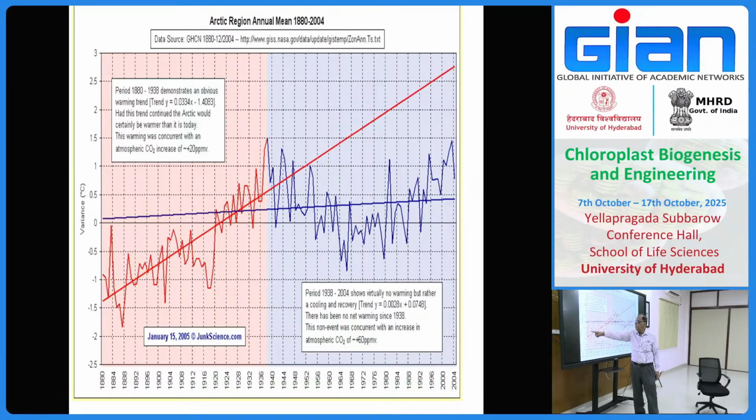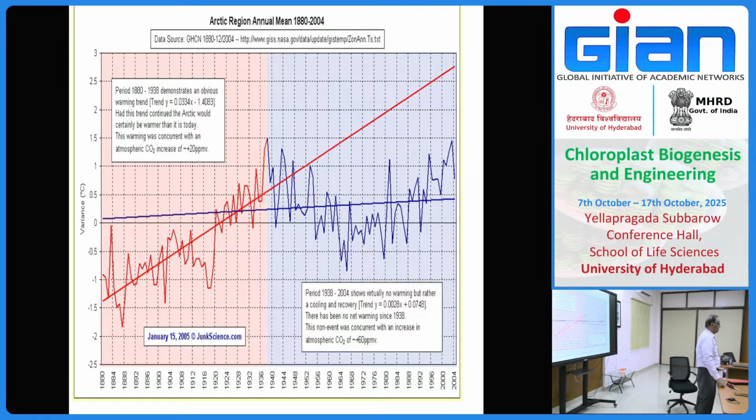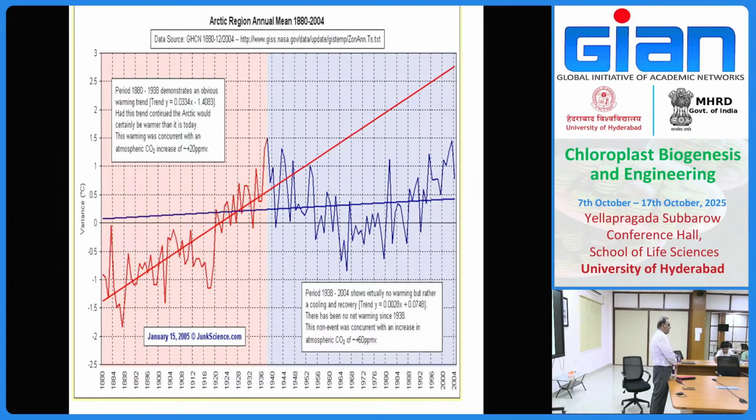This is minus; if this is today's 0, then it was minus 1.5. It is crossing 0 and going up and up. I'm sure it has gone up by now. So the Arctic has already experienced around a 3 degree increase in temperature. This is the Arctic region, not the whole world, but the North Pole.